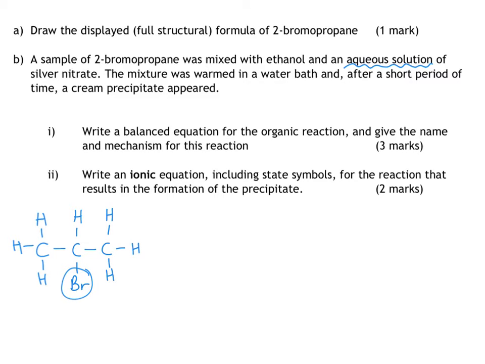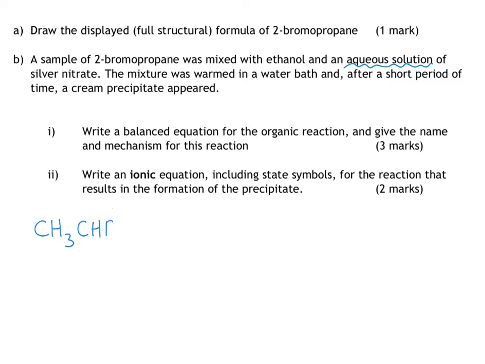So I could do it with displayed formula, but it's easier if I just write my balanced equation using molecular formulae or structural formulae. So I'm going to choose structural so I can really see what's going on. I've got CH3, CHBr, CH3. Again, there's no reason you can't do this displayed.